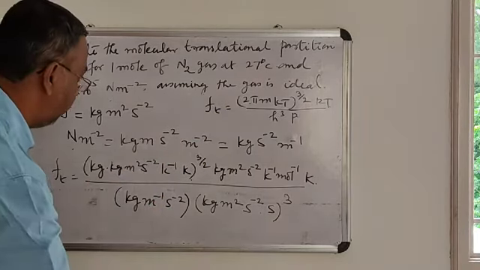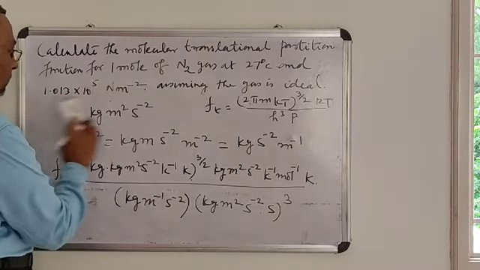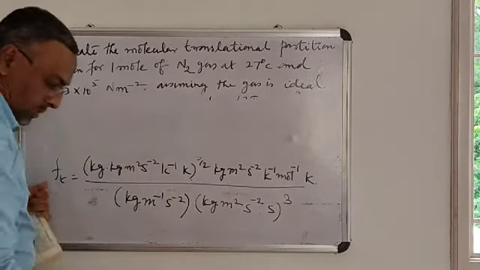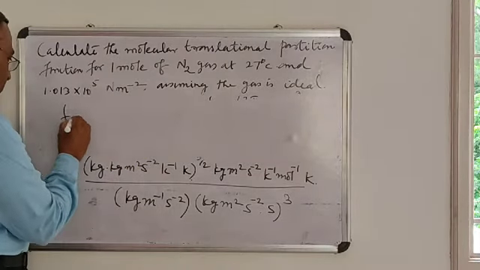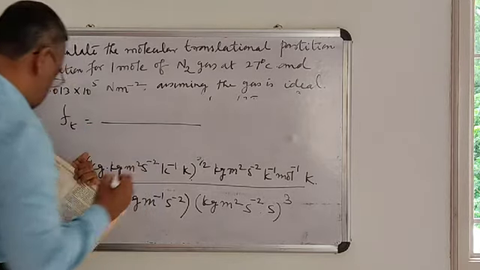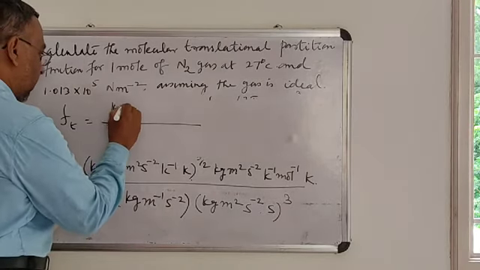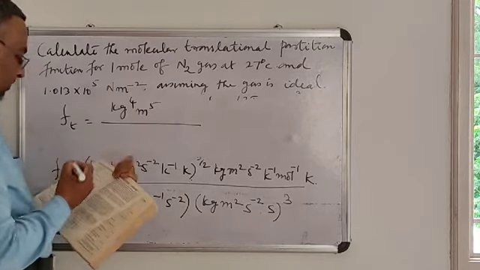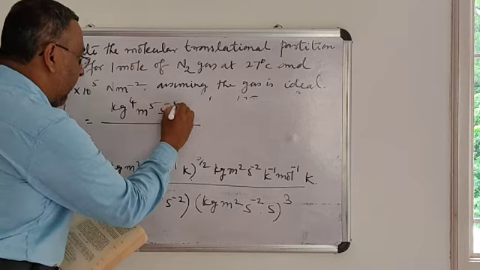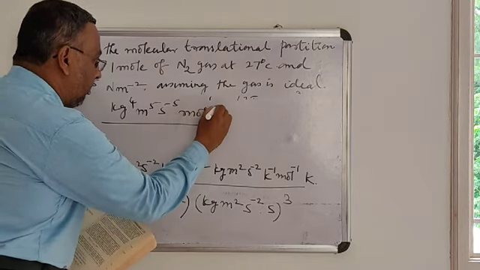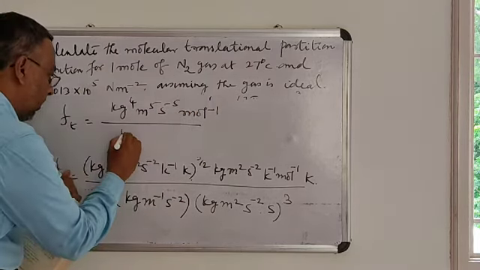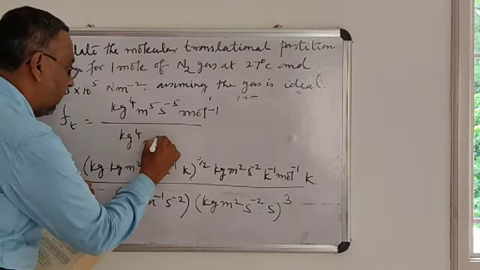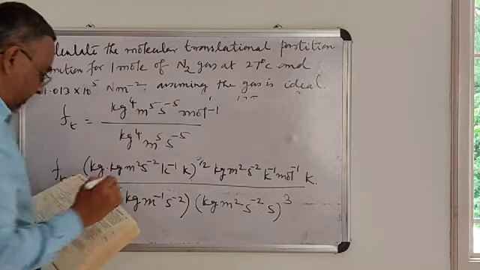When I simplify this, f of t will be equal to kilogram power 4 meter power 5 s power minus 5 per mole, over kilogram power 4 meter power 5 s power minus 5.